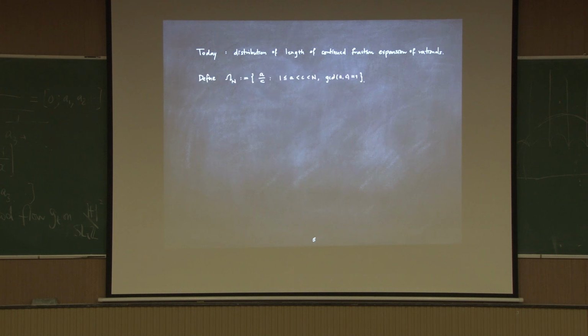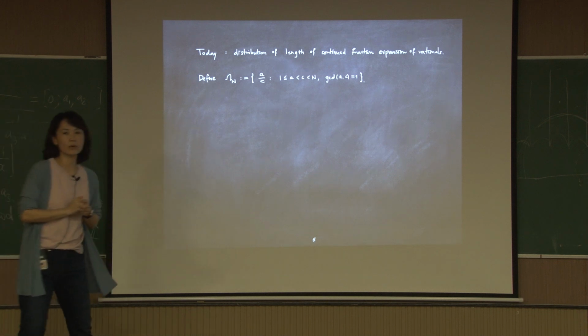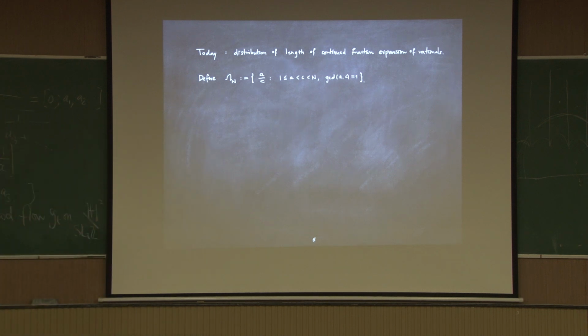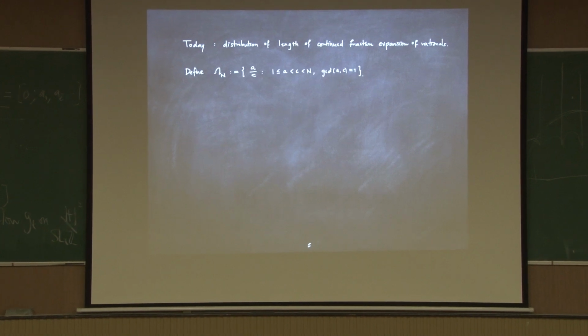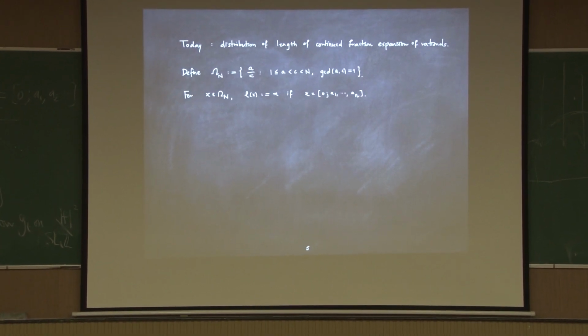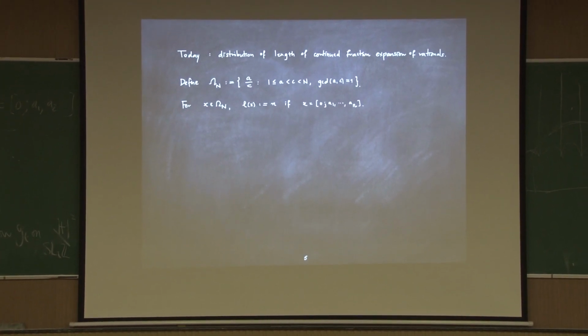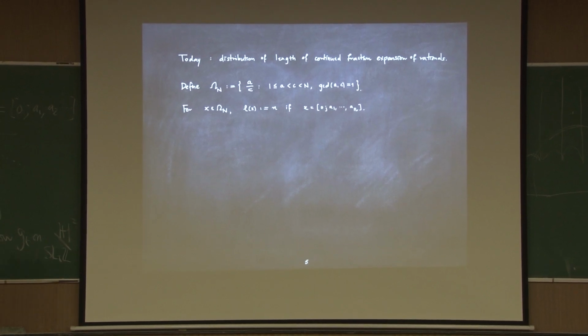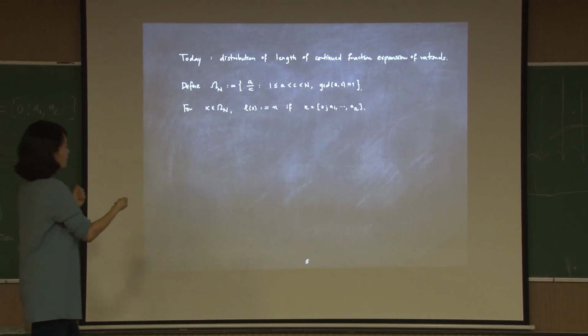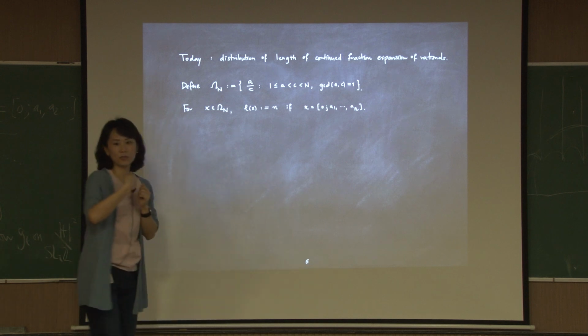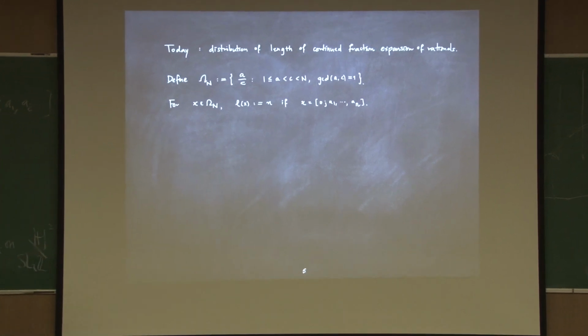So we were talking about rational numbers, and we're still in the real case. Let's look at the set of a over c, where c is bounded above by n, and it's in reduced form. If you have such a rational number x, we'll say that the length L of x is n if the continued fraction expansion is of length n.